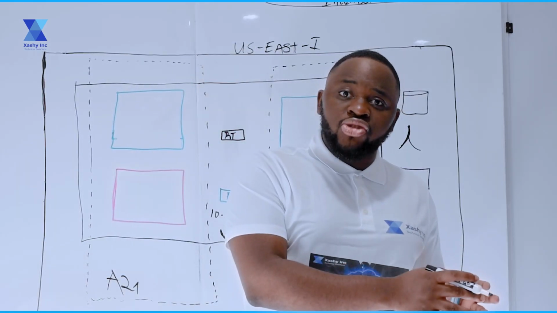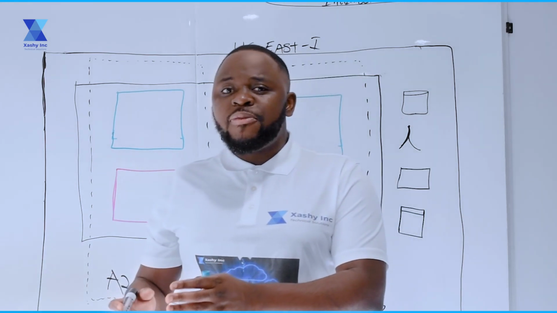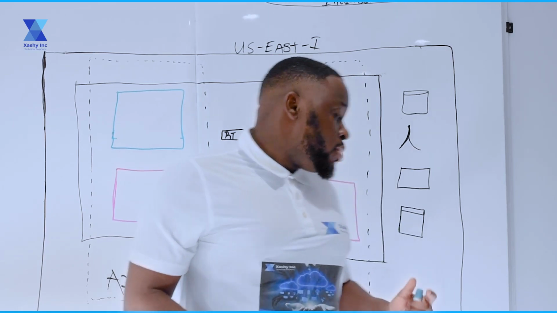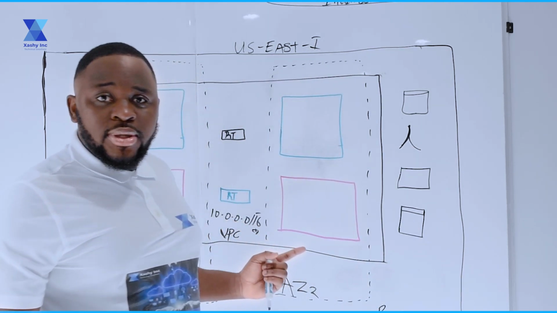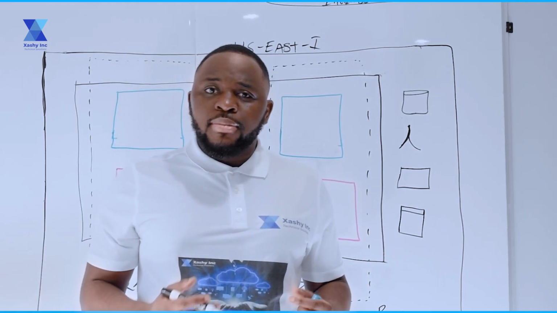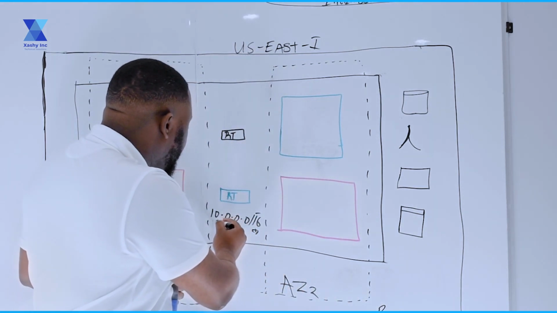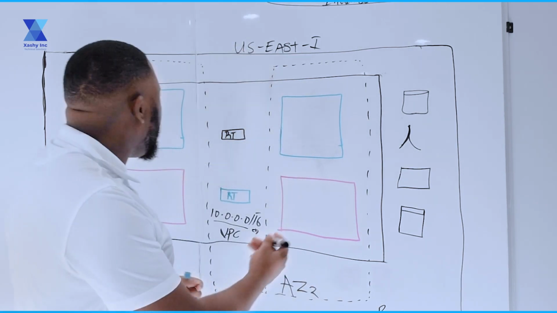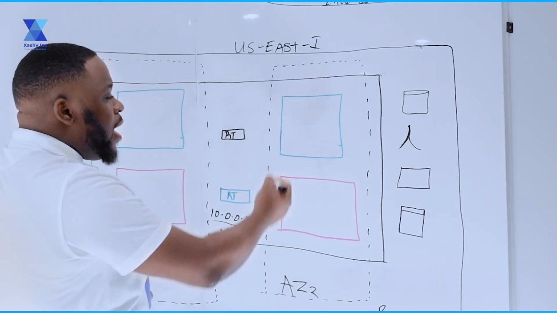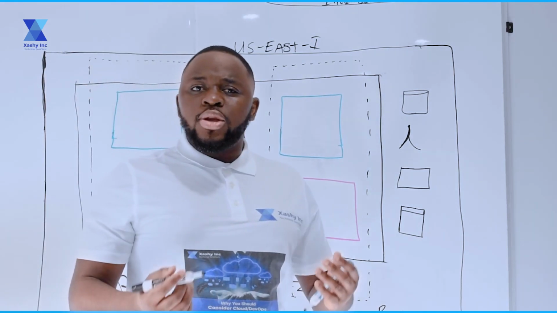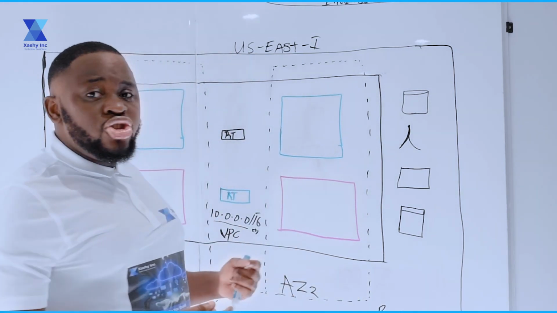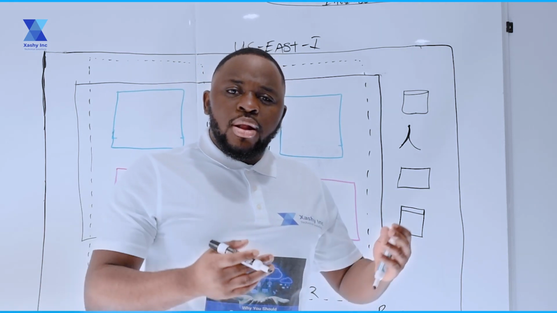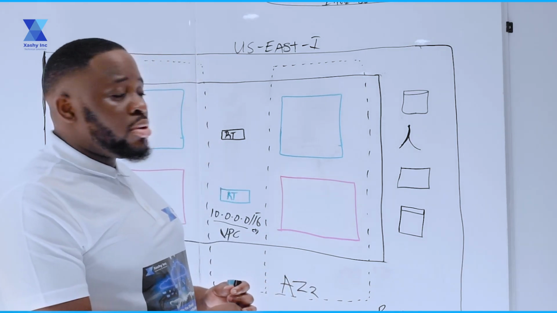A private IP address could be an IPv4 or an IPv6, but that is dependent on the CIDR block of your VPC. Is a VPC CIDR making use of an IPv4, or is it making use of an IPv6? Now, for high availability, you want to ensure that you are launching the resources in your VPC across different availability zones. So, I'm going to be talking to you about subnets.